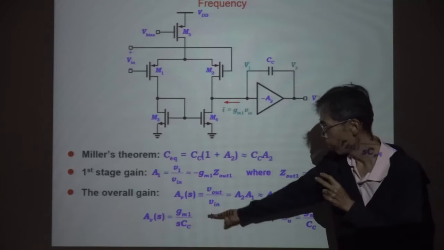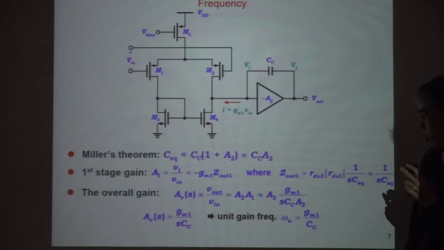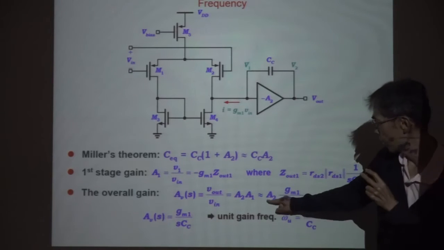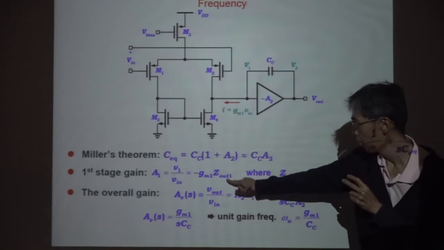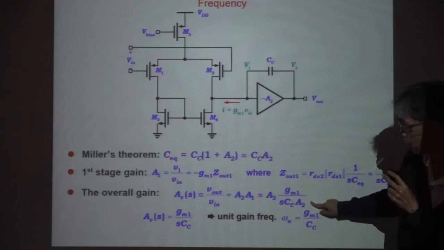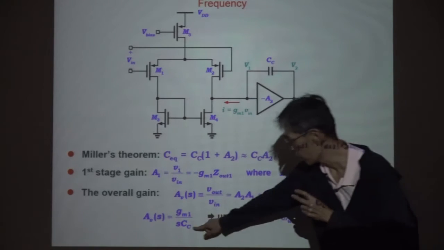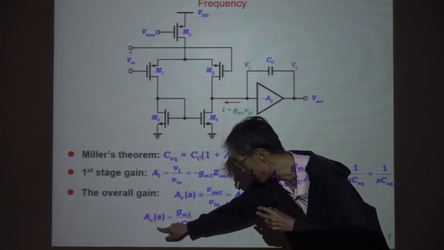So the total overall gain is V out divided by V in. And A2 here, A1 this one. And the other one is approximated by this one, so we can get this one. So A2 cancels out, we can get the total voltage gain here.